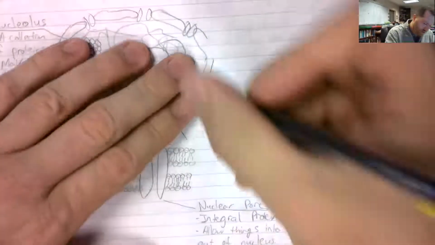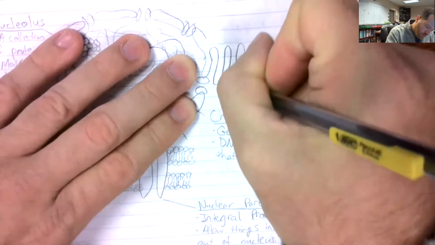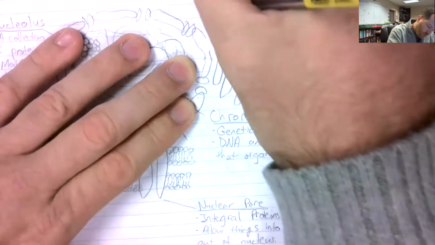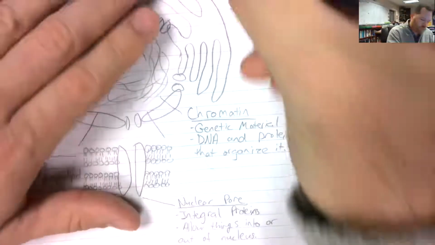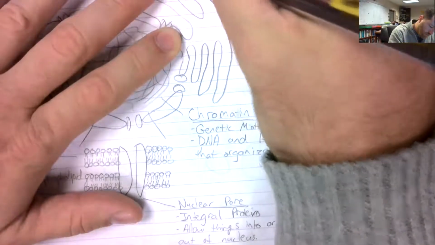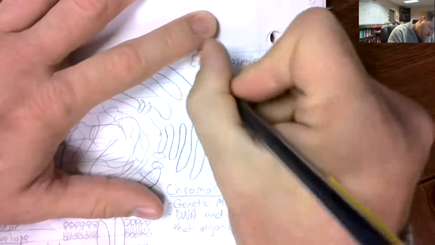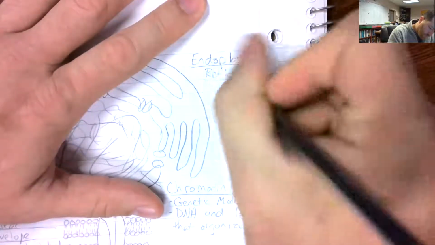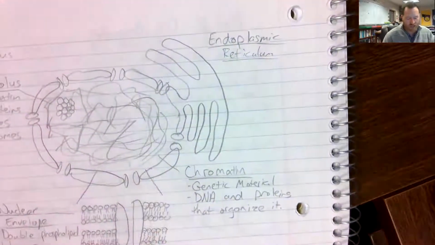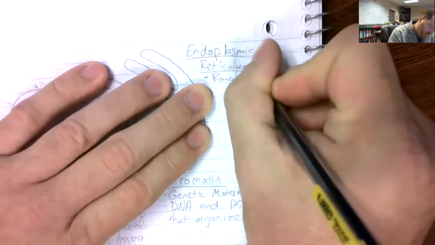And finally, one last thing to add, and that's why I left this part over here kind of open. There we go. So this is the endoplasmic reticulum. There's two types of endoplasmic reticulum.